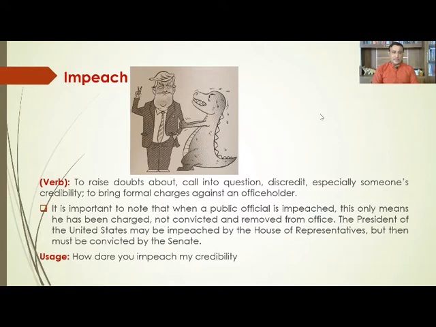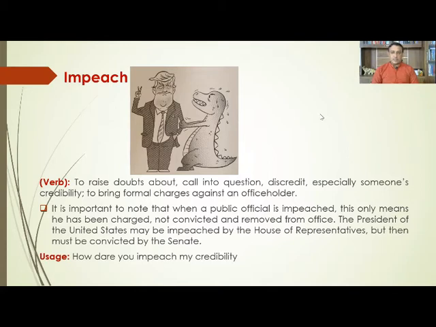The President of the United States may be impeached by the House of Representatives, but then must be convicted by the Senate. So it's an attempt, it's a charge, it's not a conviction.